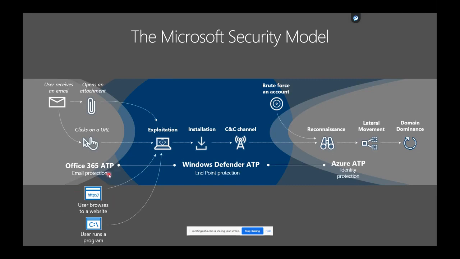One is the Office 365 ATP for application level security, Windows Defender ATP for endpoint level security, and Azure ATP for your cloud based identity security. So this complete model, today no other cloud provider is this fluent in providing the security module with this vast number of features for adoption.